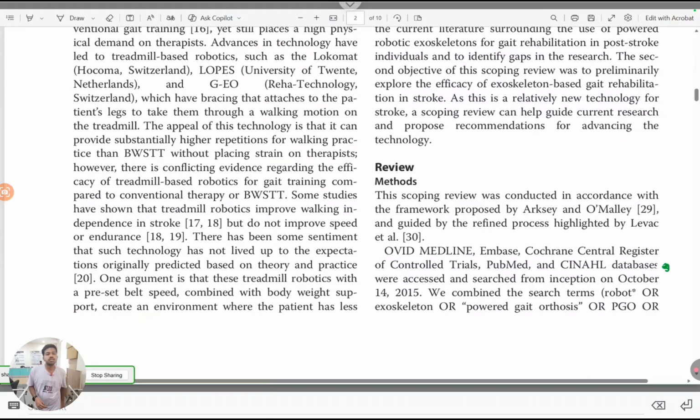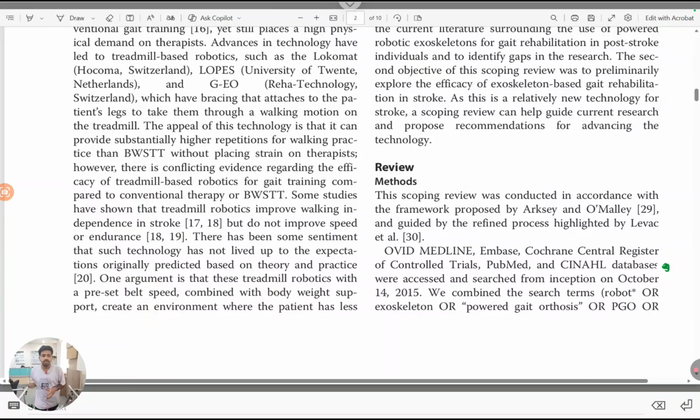This scoping review was conducted in accordance with the framework proposed by Arksey and O'Malley, and guided by the refined process highlighted by Levac. Ovid MEDLINE, Embase, Cochrane Central Register of Controlled Trials, PubMed, and CINAHL databases were accessed and searched from inception to October 14, 2015.